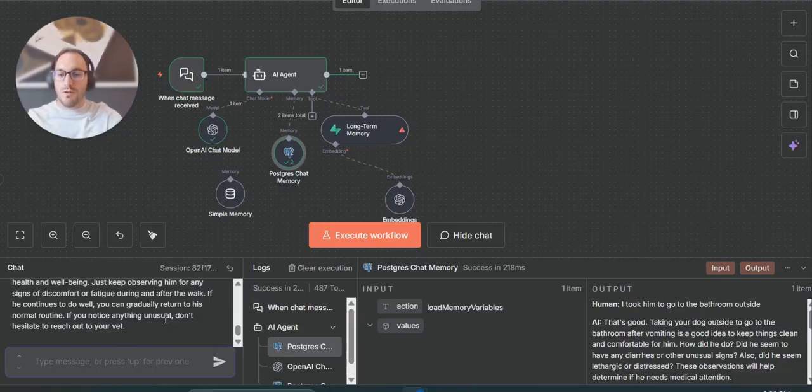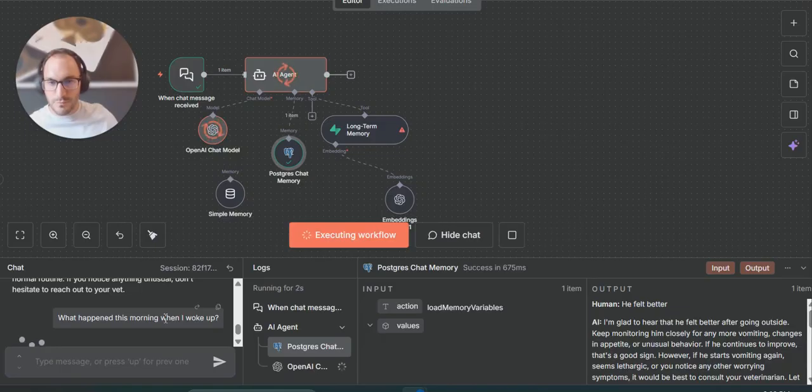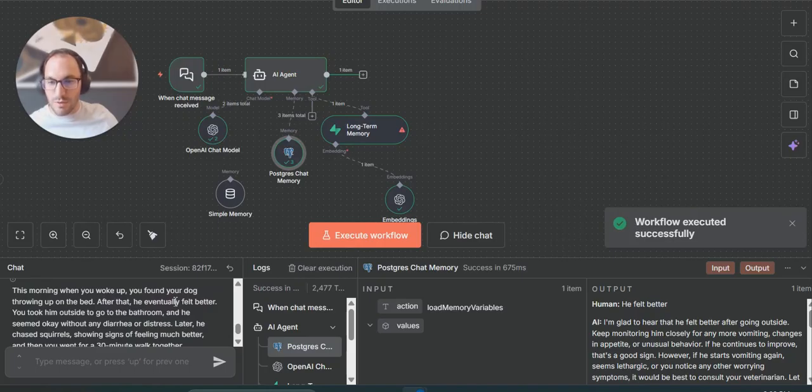So what happened this morning when I woke up? It's referencing this database, formulating a response. And you see it actually came up with the correct response here, because it's referencing a database rather than working off of short-term memory. So this goes to show that when you put together a database that it can reference information on, you can reference that information in perpetuity.